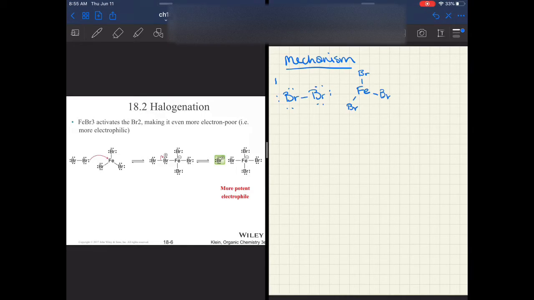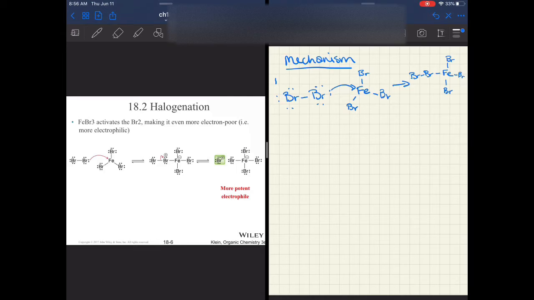The iron has an empty orbital that is going to accept the electrons from the bromine. All of these steps are reversible. So you're going to wind up with this iron tribromide bromine complex.